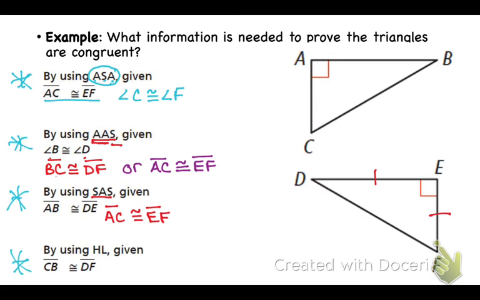Okay, now what are we doing? Which one are we doing now? Hypotenuse leg. So I know that BC is congruent to DF, which is the what of these triangles? The hypotenuse. So I need a leg. CA.